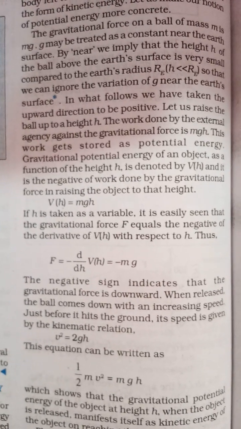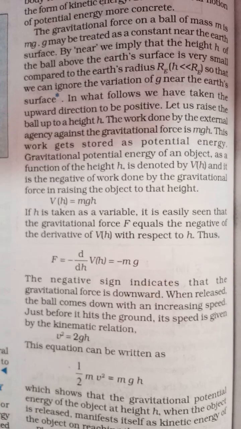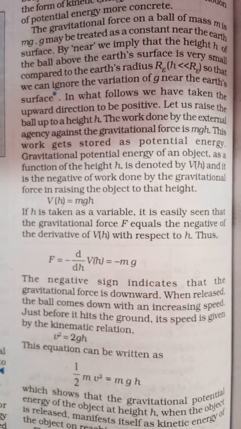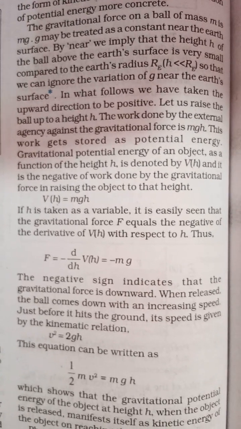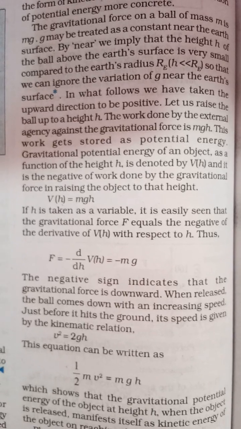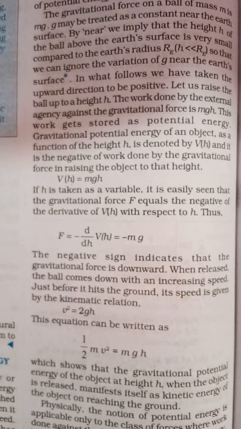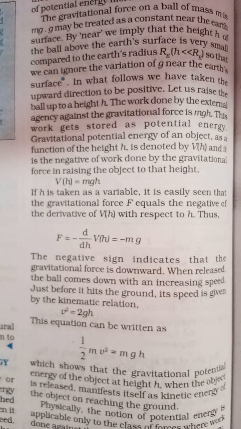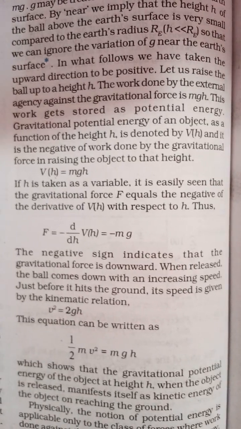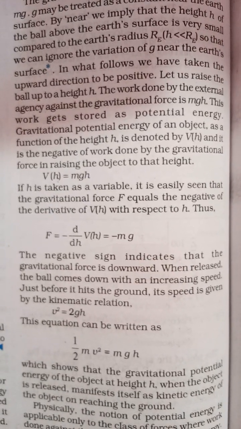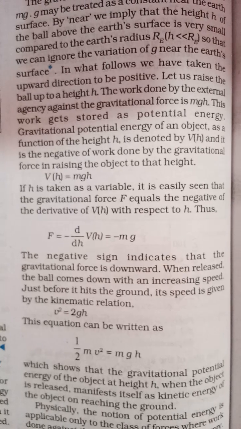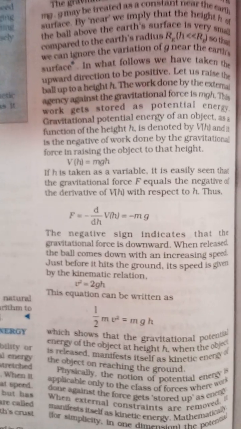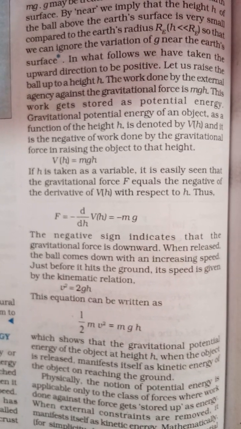Let us raise the ball up to height h. The work done by the external agency against the gravitational force is mgh, as this work gets stored as potential energy. The gravitational potential energy of an object as a function of the height h is denoted by V(h). In raising the object to the height h, V(h) is equal to mgh.